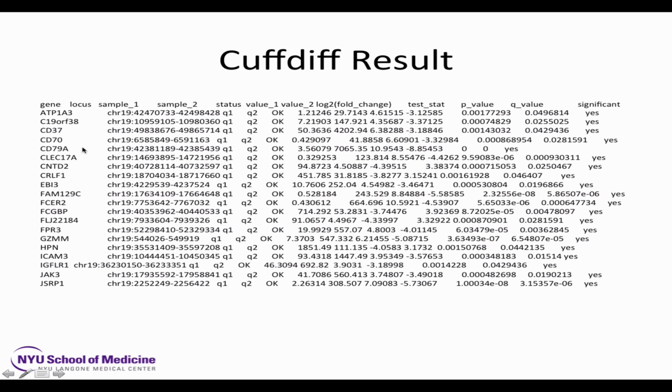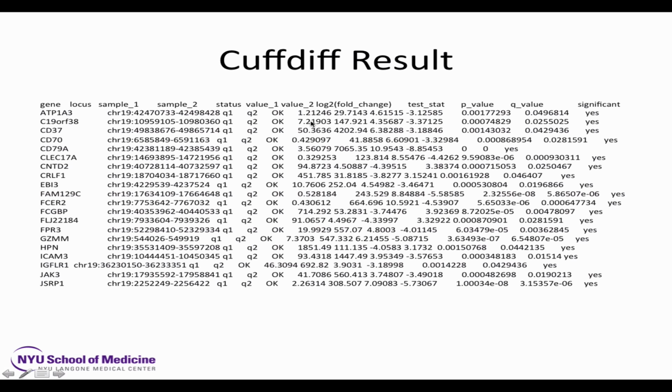So you have a gene name, the location of that gene on the chromosome. They're all surprisingly on chromosome 19, which is cool. It sort of reinforces, because we didn't tell TopHat to use chromosome 19. We only just know that all these reads will map there.